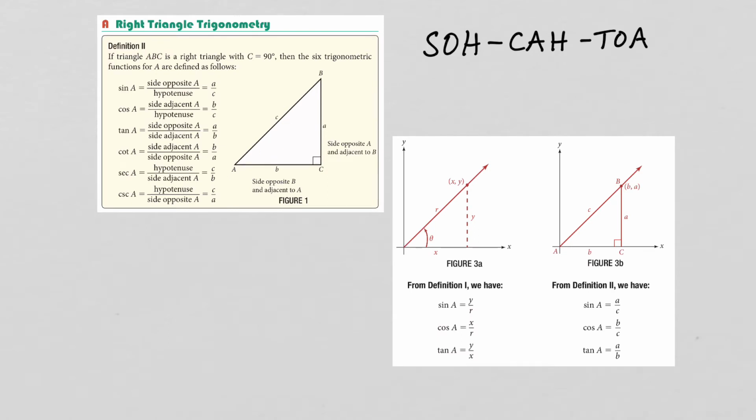Next, what I want to do is show you a way to remember these relationships a little bit more easily. If you notice that the sine function is defined to be the opposite over the hypotenuse, the key letters to focus on are that sine begins with the letter S, opposite begins with the letter O, and hypotenuse begins with the letter H. So you can think of that as SOH, which means sine is the opposite side divided by the hypotenuse.